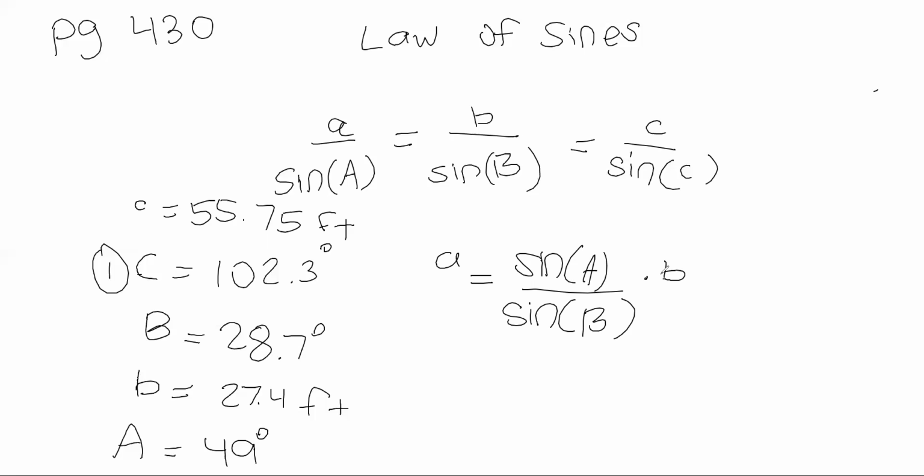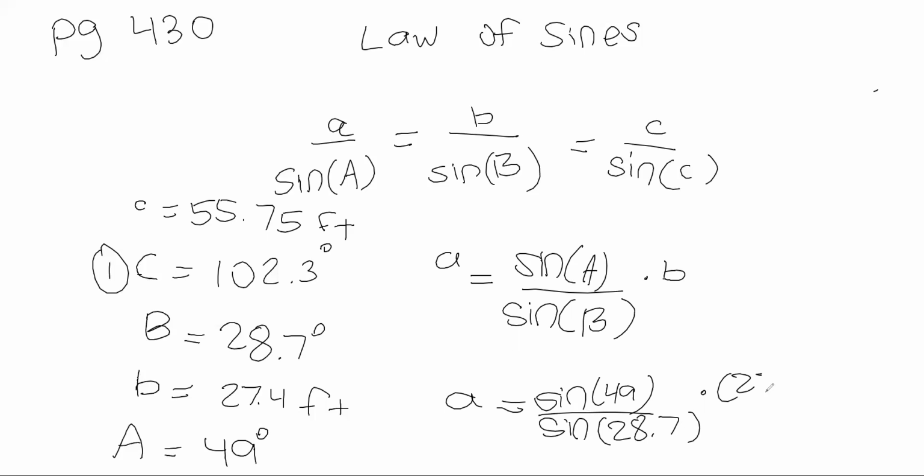So we have sine of 49 over sine of 28.7 times 27.4. And for that, we would get 43.06 feet.